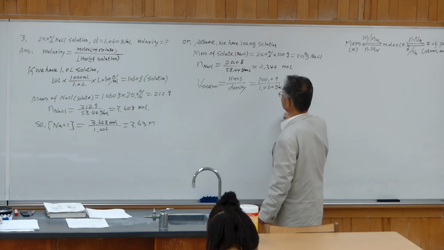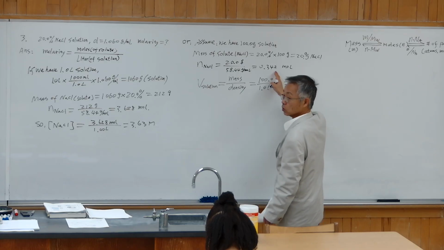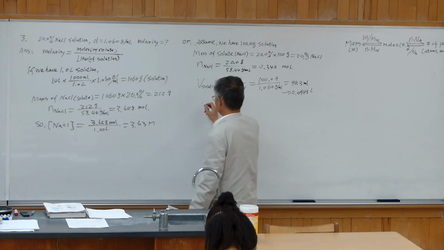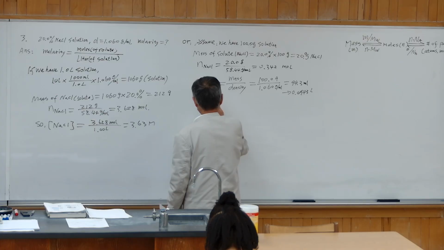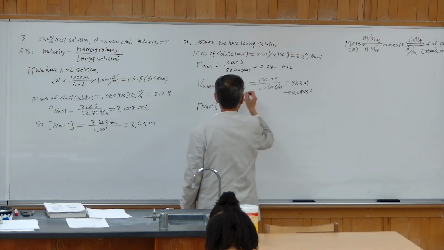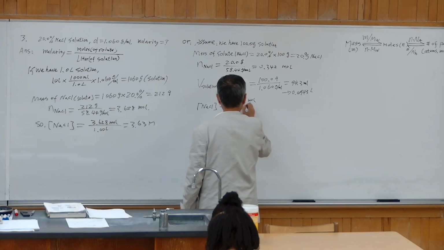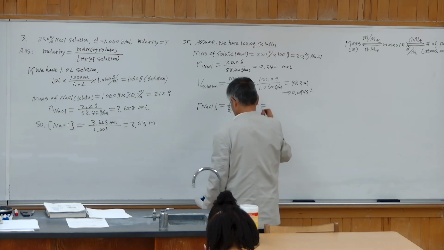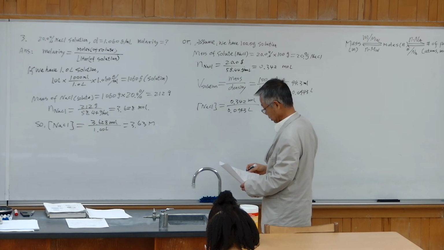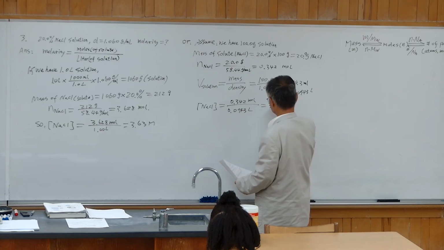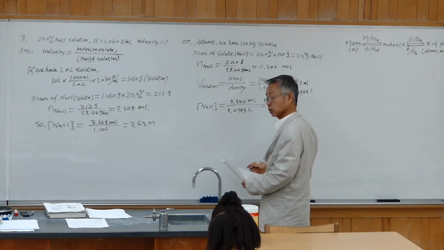Now we have liters and we have moles, so molarity is 0.342 moles over 0.0943 liter. You get the same molarity.